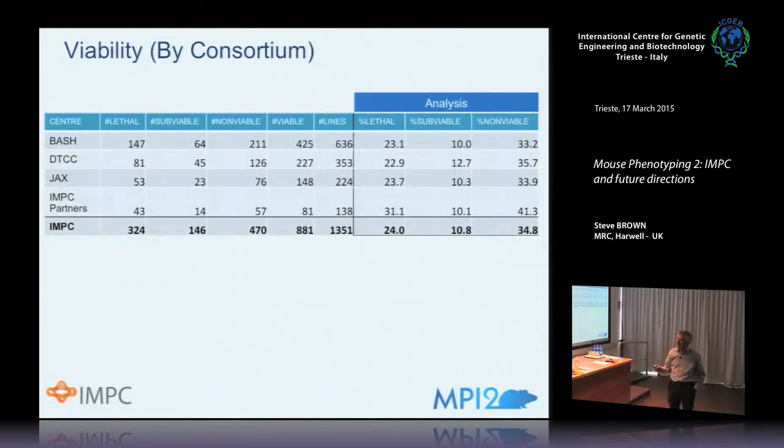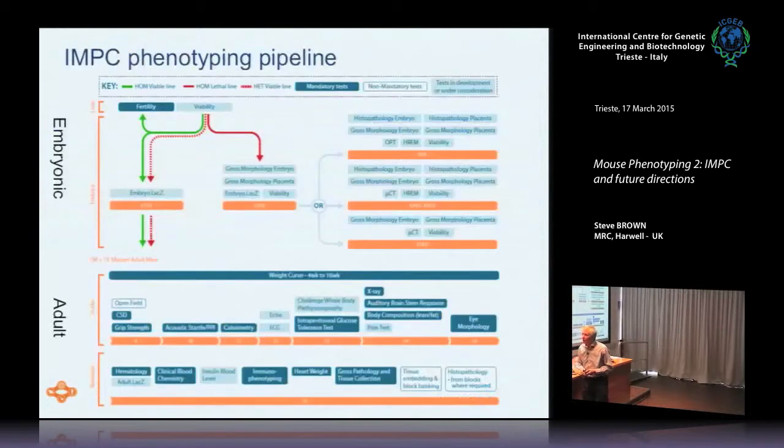And about 10, 11% are subviable. That is, some animals will come to term, but many will die in utero. So overall, if we include lethal and subviable, about 35% of the lines need to be looked at embryonically. So I want to tell you in a bit more detail about what the embryonic screen is.